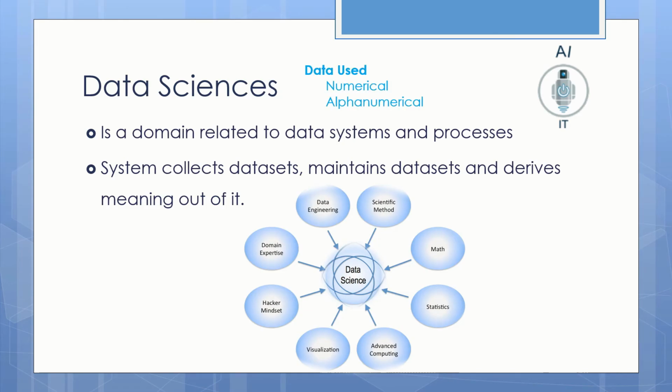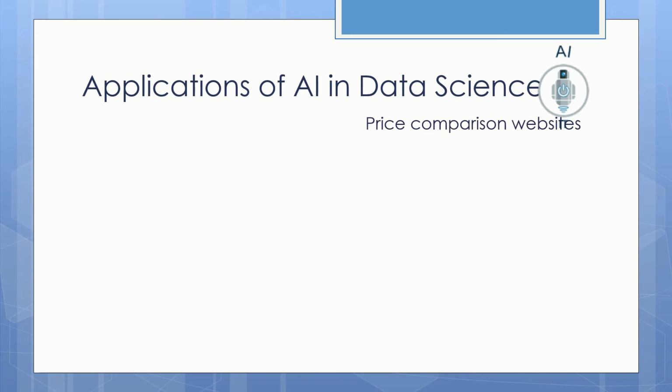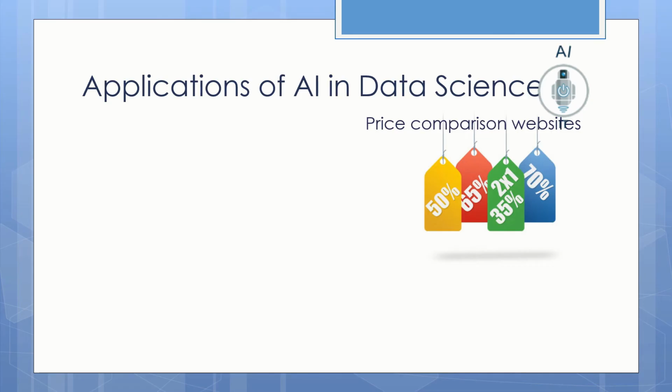In data sciences, we feed in data that comes under these two categories: numerical data or alphanumerical data. Some applications of this include your price comparison websites, wherein when you search for any item, it gives you the price at which it is sold by multiple vendors. So this way you can choose which website is offering a product at a lower cost.